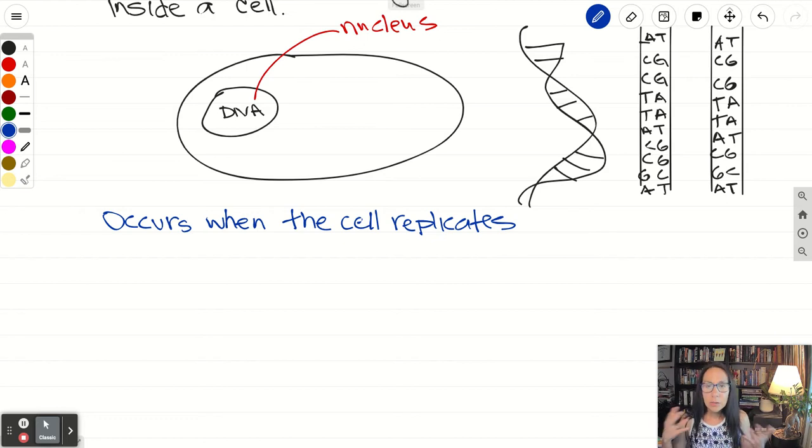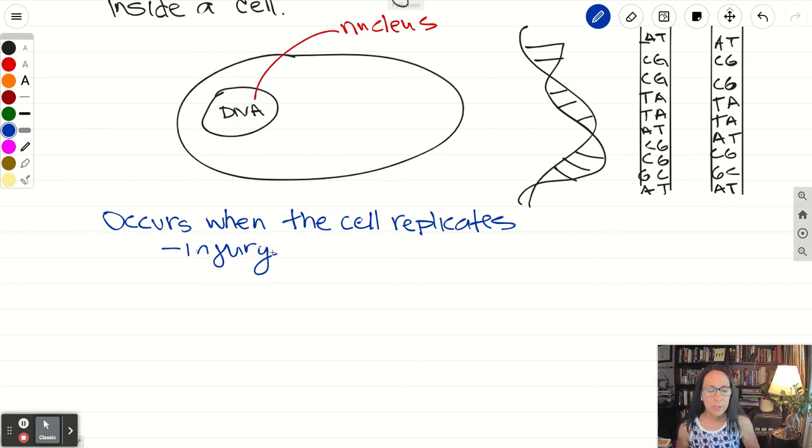And so the cell sometimes needs to replicate. So we have this cell, and inside the cell we have a set of DNA with our code, and then that DNA is going to replicate, and this happens only when the cell needs to replicate. And so that entire cell is going to replicate. And so the cell will replicate under certain conditions. And those conditions include things like injury.